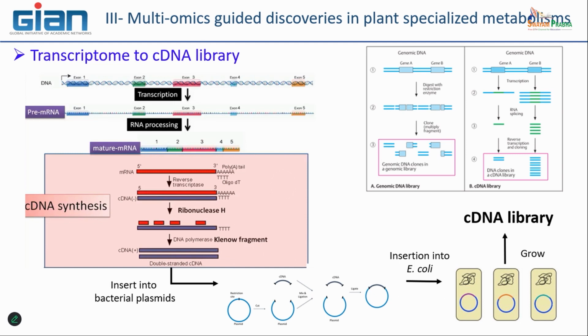Just a slide, I don't know if you know how to produce complementary DNA libraries, just to be sure that we have exactly the same information. You know that from the DNA, there is a transcription step leading to specific mature mRNA. I go fast.